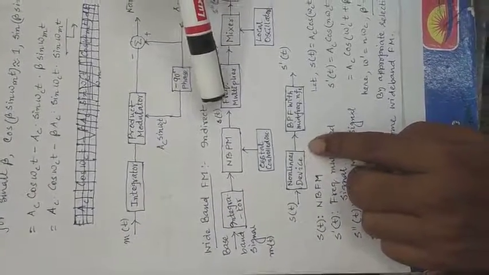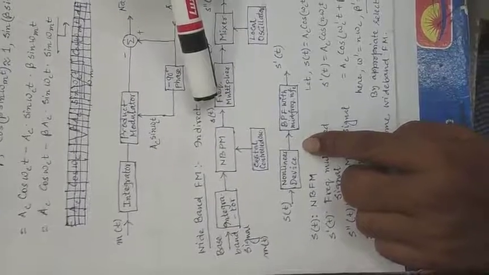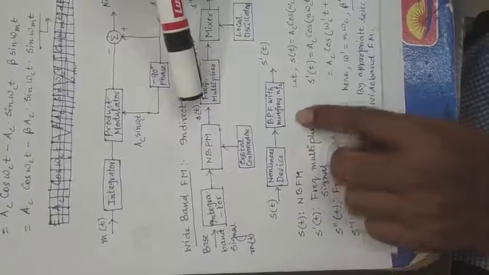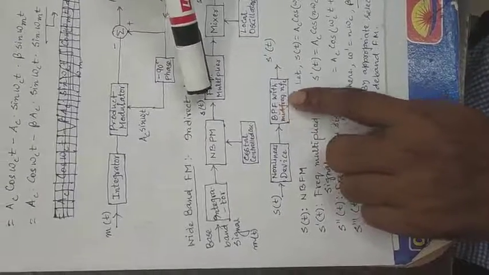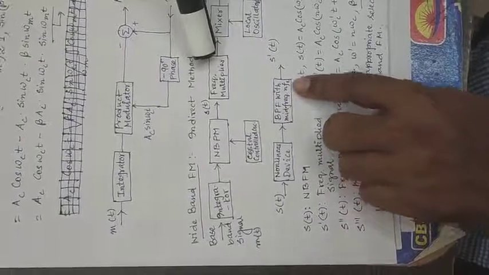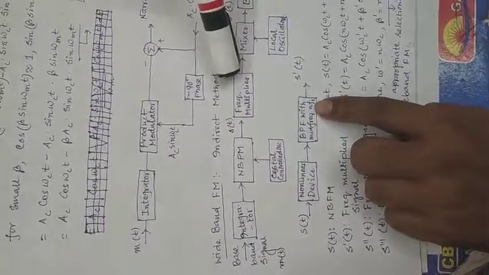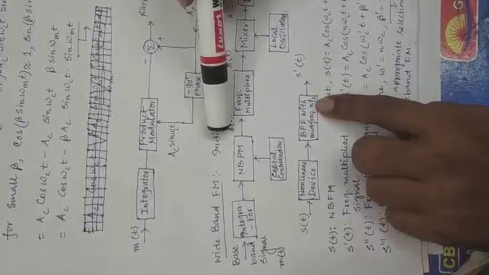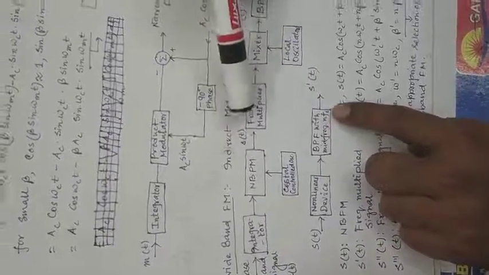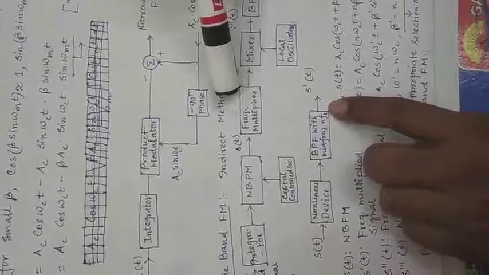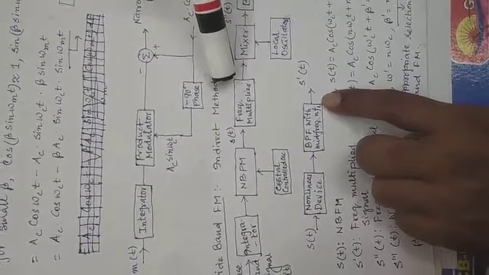Whenever it is multiplied, it will have different components, and you need a particular frequency. Therefore, you need a band pass filter to get this n times fc. That means if n is 100 and you get 0.9 megahertz here, after using the band pass filter you will get 90 megahertz after the frequency multiplier.